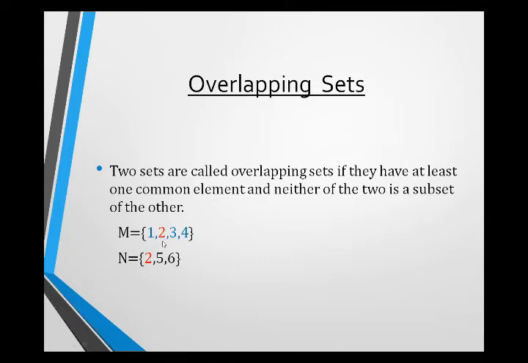The numbers which are different in both sets are written with different colors: those from set M are written with a blue color, and those in set N are written with a black color. Only the numbers written in red show the common element. Okay, students, this example shows that both sets are overlapping sets.